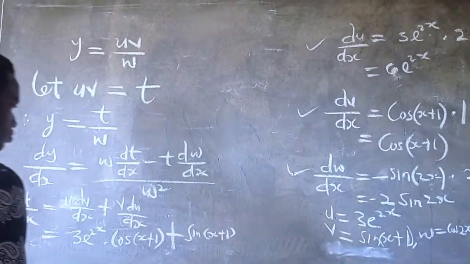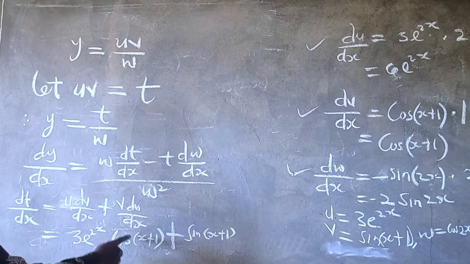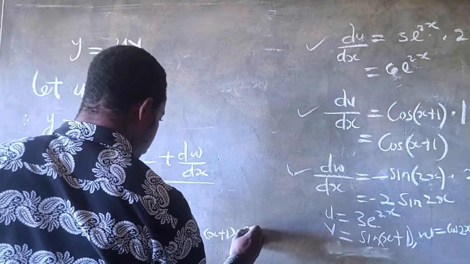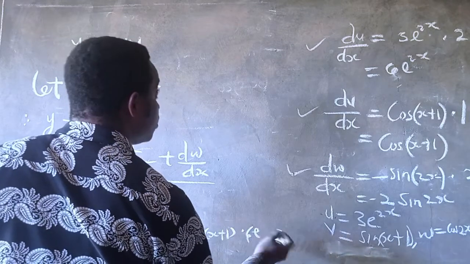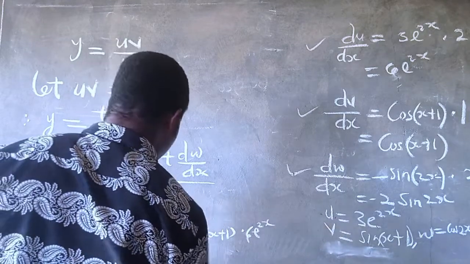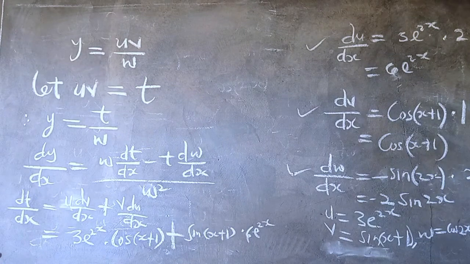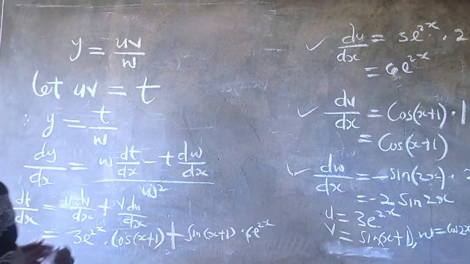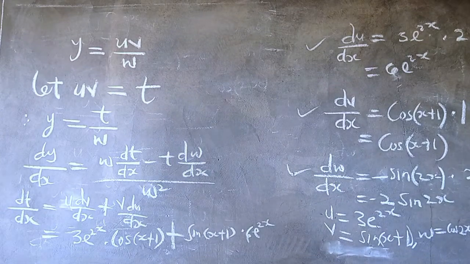I should put a bracket there. What is our du/dx, the derivative of u? That is 6e raised to the power 2x. Okay, now all of this is the expression for dt/dx.